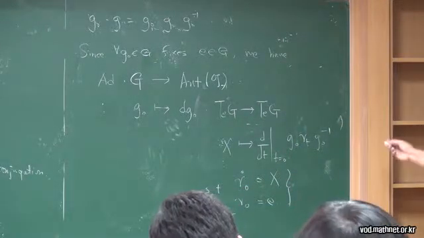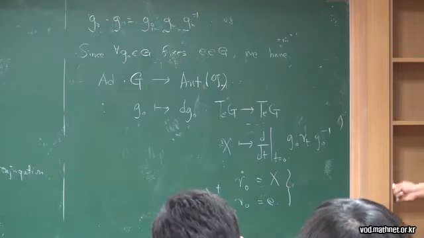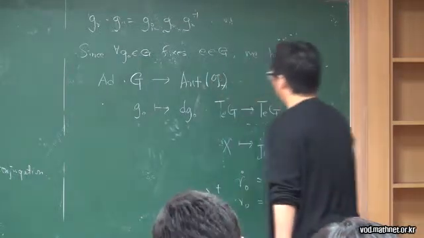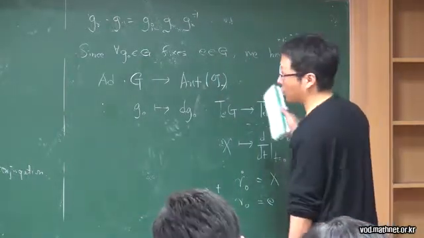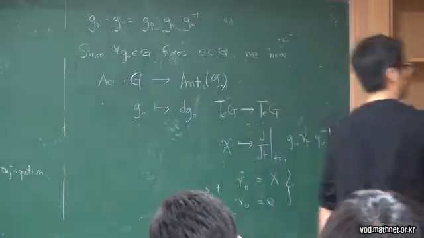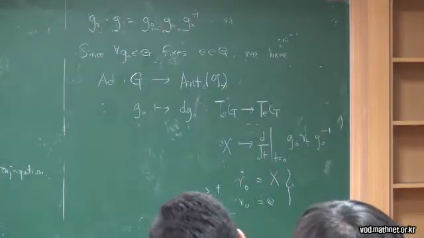So this is the definition of the adjoint representation. And the coadjoint representation is the dual of this representation.